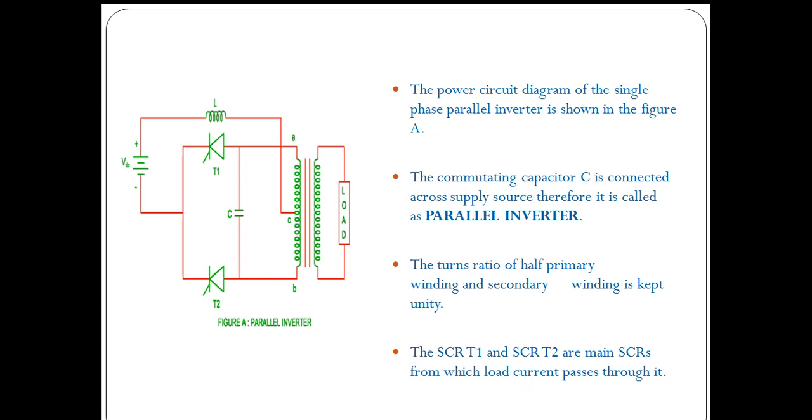The SCRs T1 and T2 are the main SCRs through which the load current passes. So when we turn them on, the load current will pass through the SCRs.